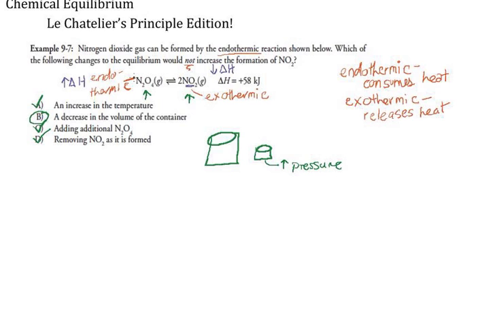And essentially what ends up happening in terms of our balance is that in order to balance out, the side with fewer moles will get increased as compared to the side with more moles, right? So notice in this case, NO2 has more moles, so that side would actually get decreased as opposed to increased. That bears out our process of elimination for B. Beautiful.